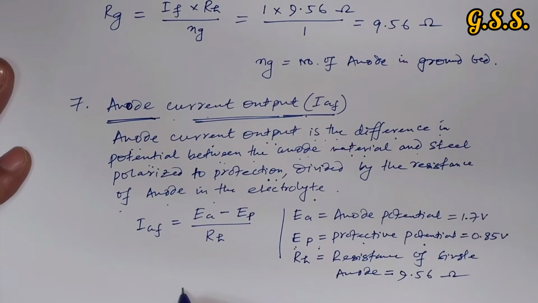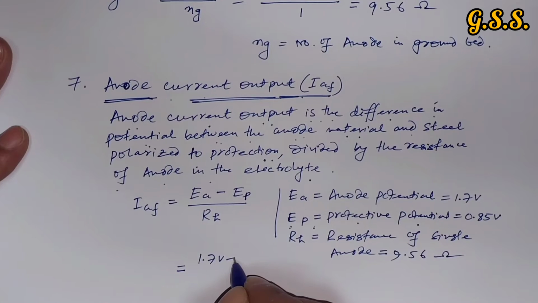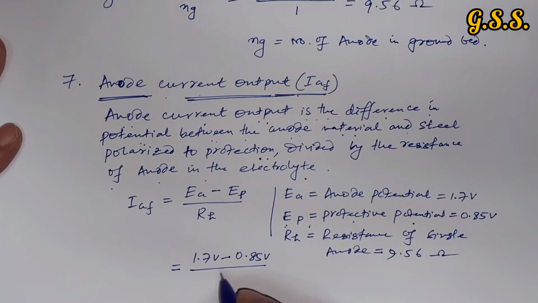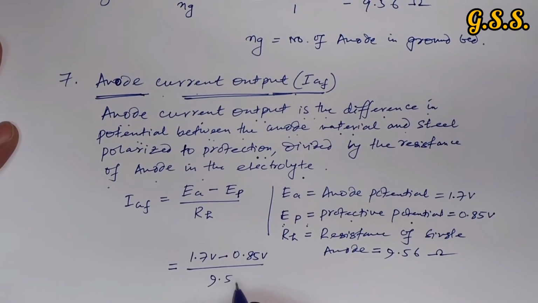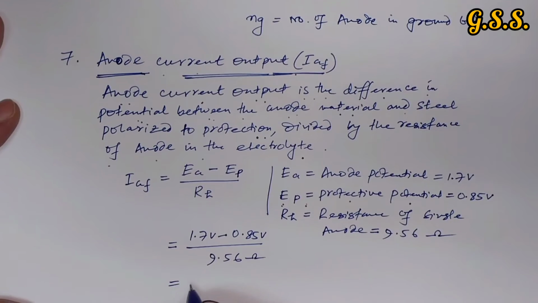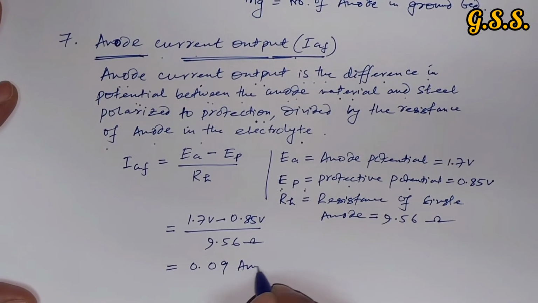So IAF equals 1.7 V minus 0.85 volt divided by 9.56 ohm, equals 0.09 ampere.